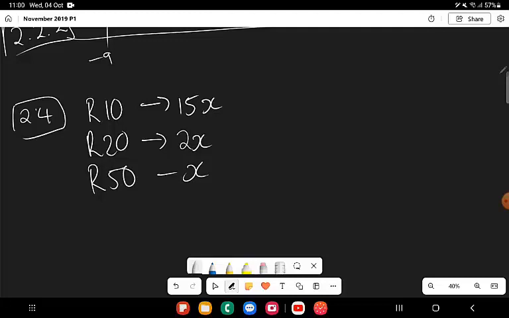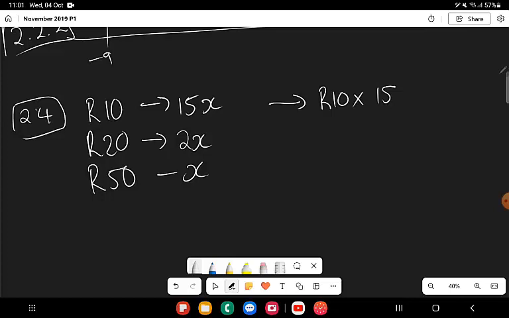Okay, so the next statement they're saying if 10,150 was collected in total, determine how many of the following notes were collected. Now, if there are 15 more 10 Rand notes, it means that it's 10 Rand times 15, right? Or, let me read it again. It says twice as many, 15 more.